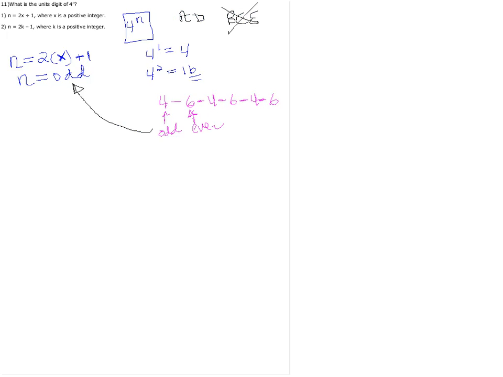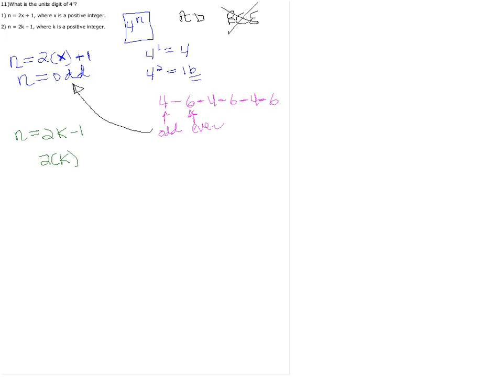Okay, let's look at statement 2. Statement 2 shows us something pretty similar. Statement 2 says that n is equal to 2k minus 1. Well, and this is something you should remember for the test, it's the same darn thing, right? Think about 2 times some integer k. Well, that's guaranteed to give you an even number, okay?